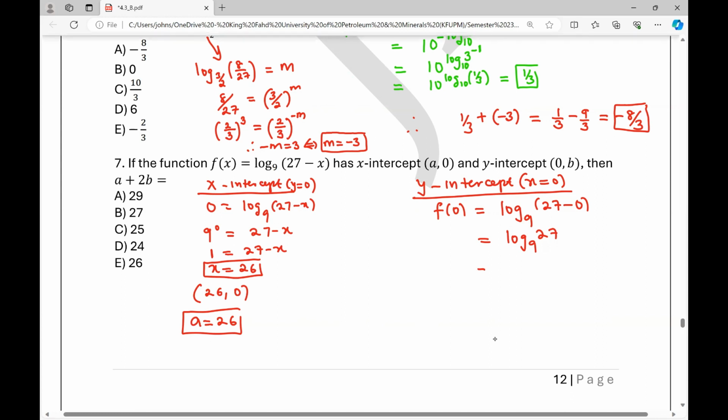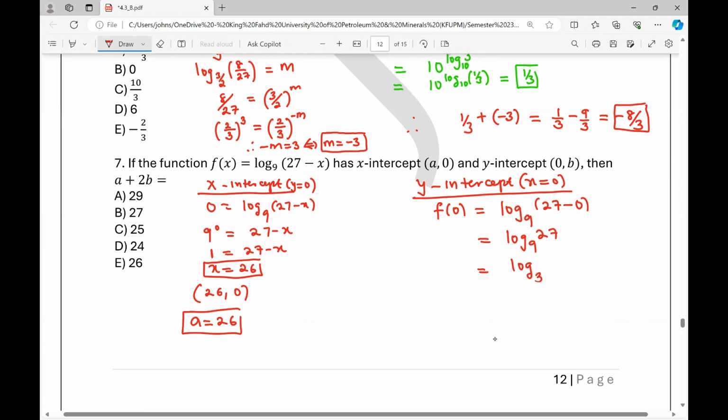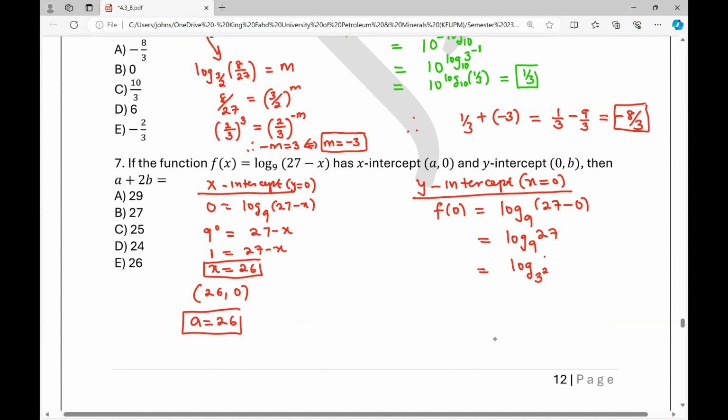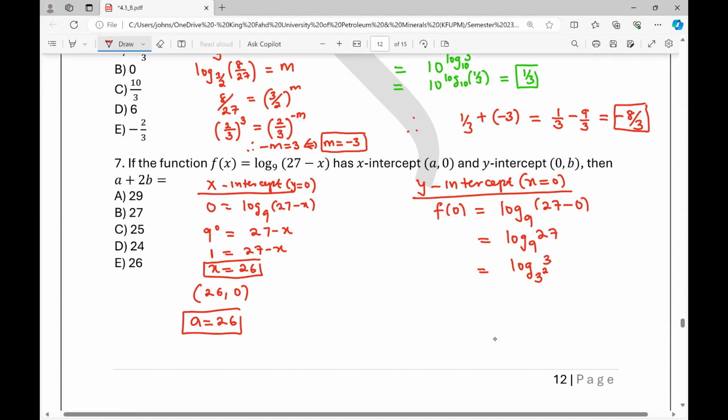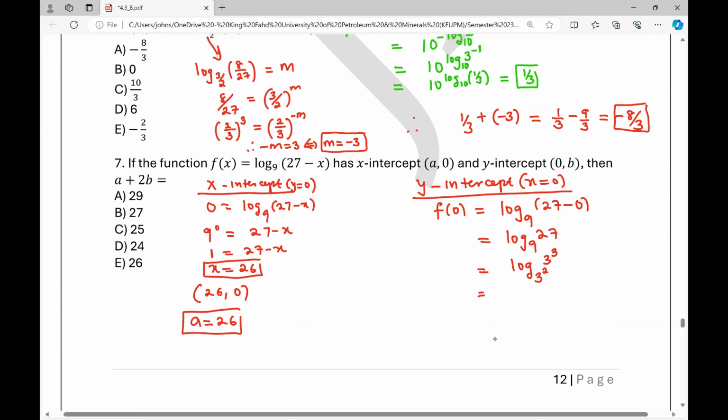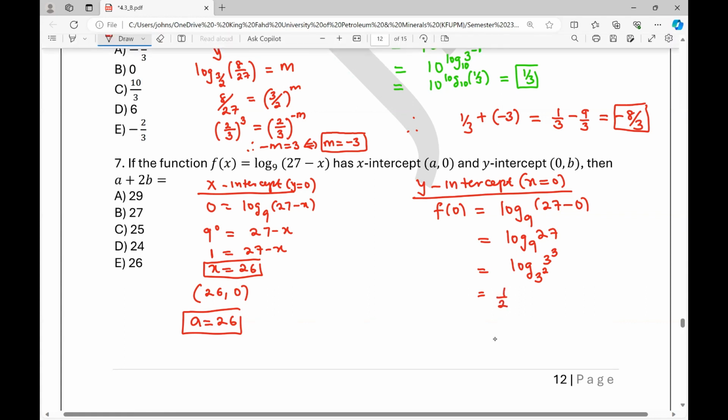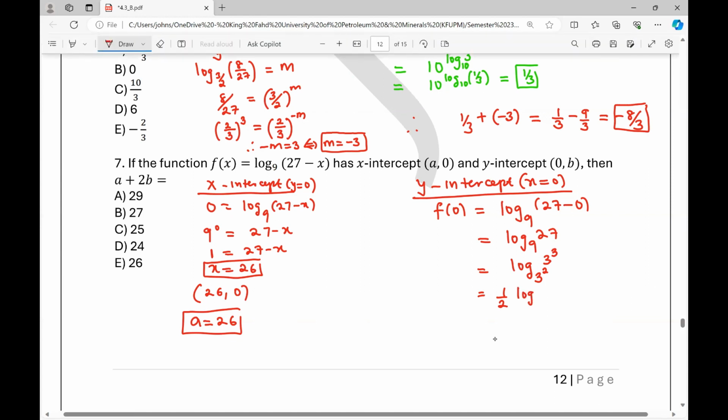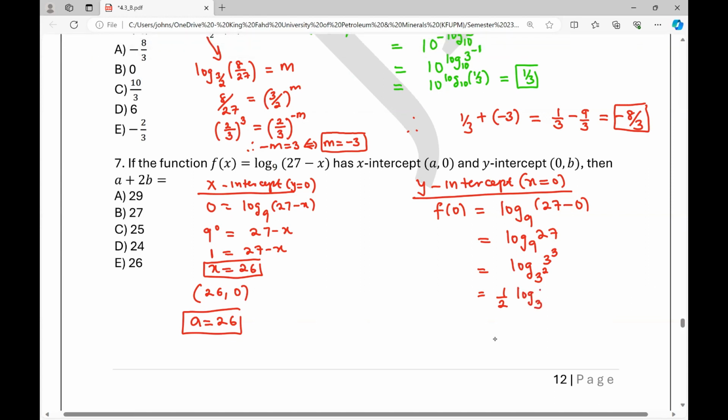If you look at this, please look here. This I can write as log to base 3 to power 2. And this one I can write as 3 to power 3. And one of the laws that we had is that, since this is power here, this one can go here to become half, right? So you have log of 3, but you still have 3 to power 3, right?